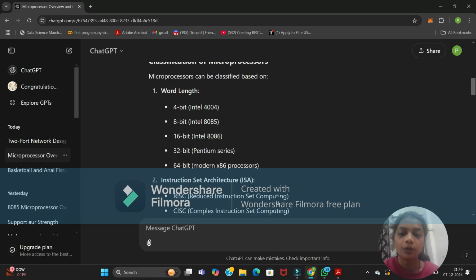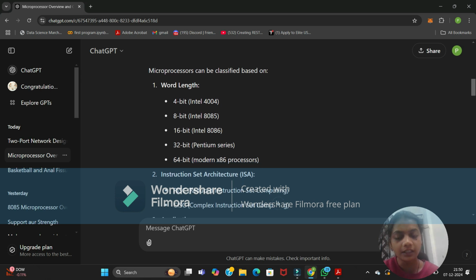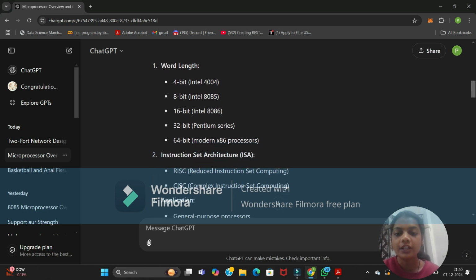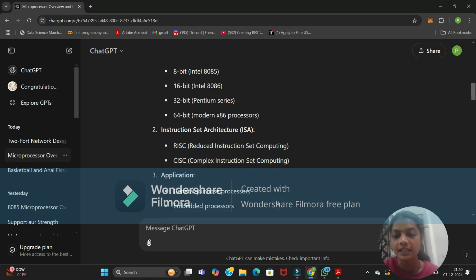From this we can get a difference between 8085 and 8086: 8085 is a second generation microprocessor with 8-bit word length, and 8086 is a third generation microprocessor with 16-bit word length. Then we have the Pentium series, which is 32-bit, and modern x86 processors are of 64-bit word length.